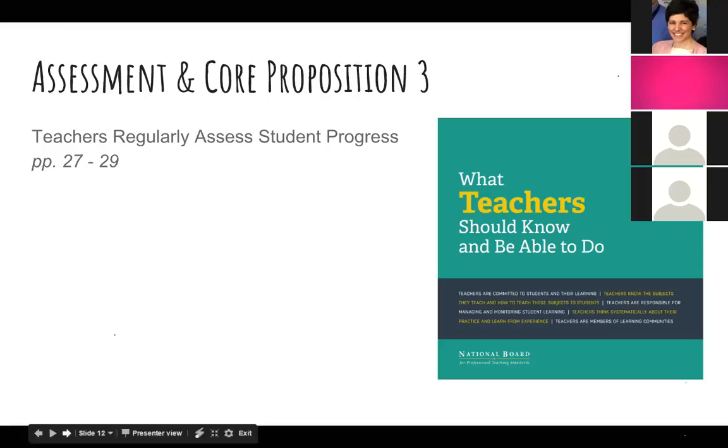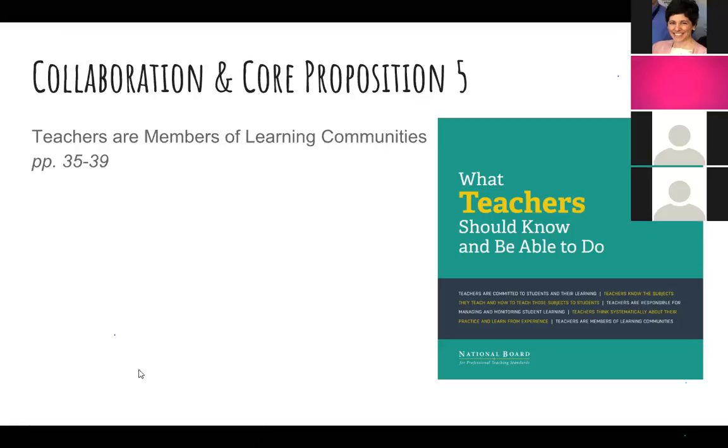There's one more section that I think is really helpful, and that's actually the entire section on Core Proposition 5, because this component does rely really heavily on being a part of a learning community.